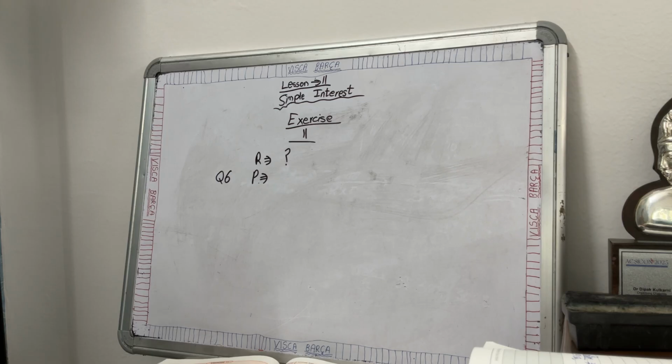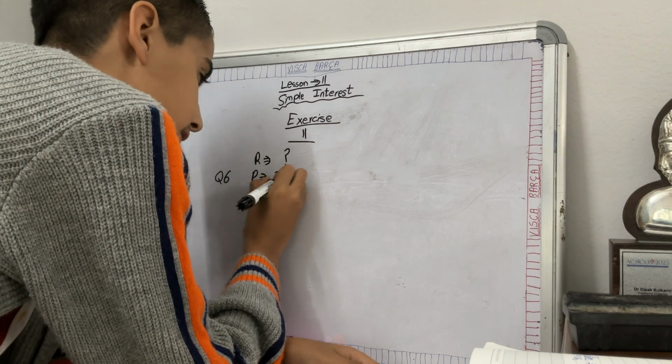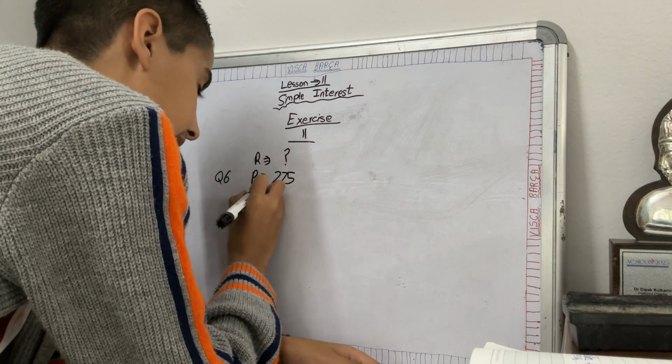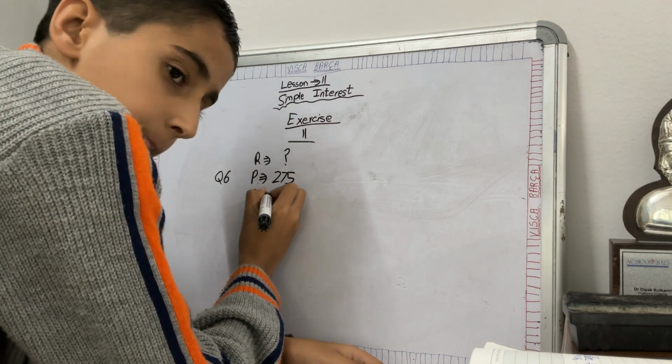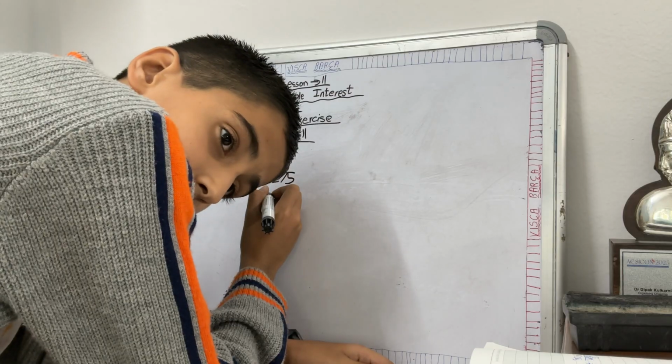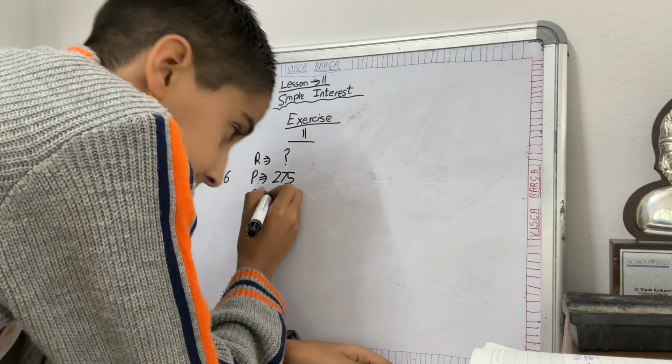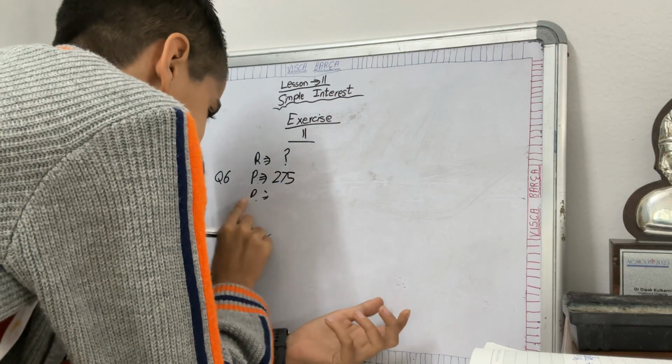Sorry, I'll dictate the question first. Find the rate percent if simple interest on rupees 275 in 2 years is rupees 22. So T is 2 years, simple interest is 22. P is 275, R is, we don't know.